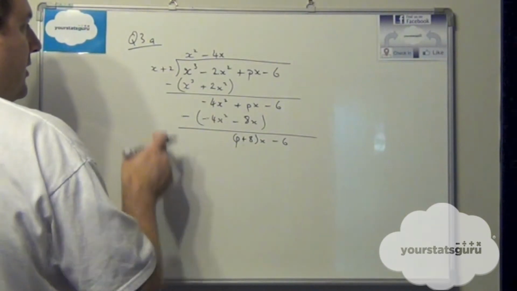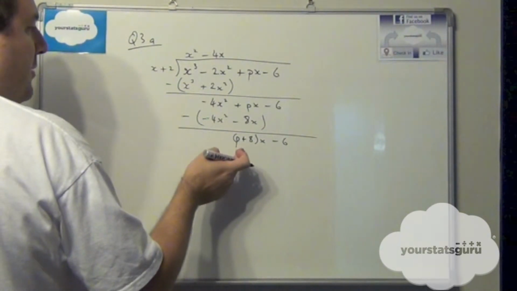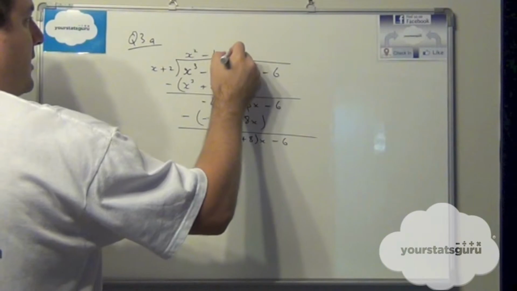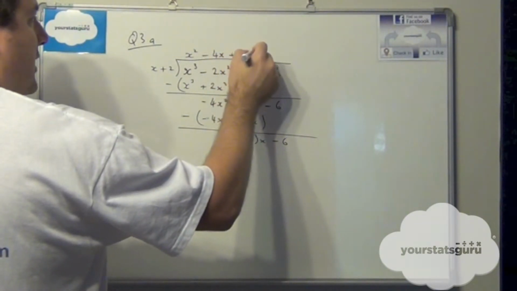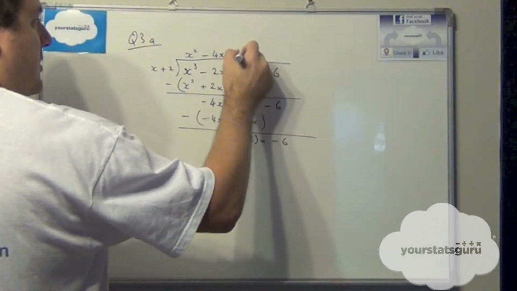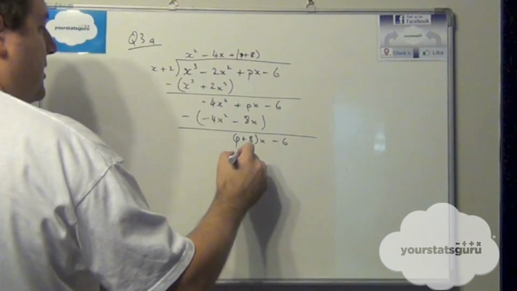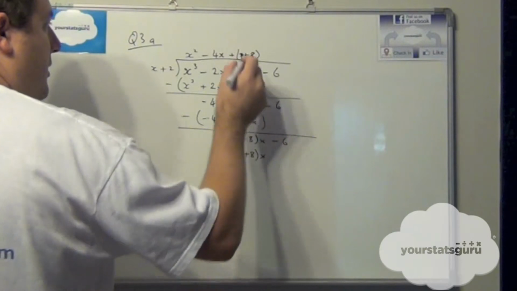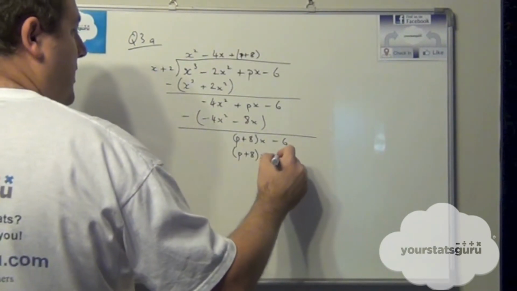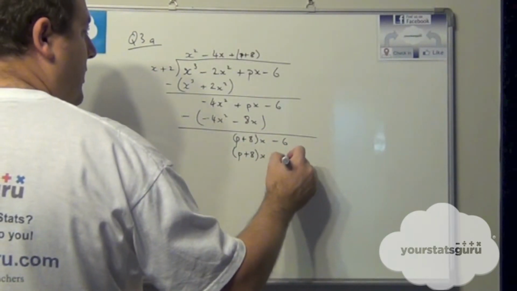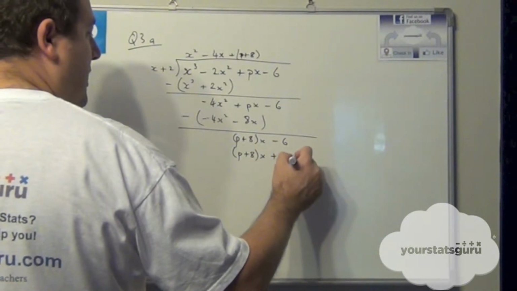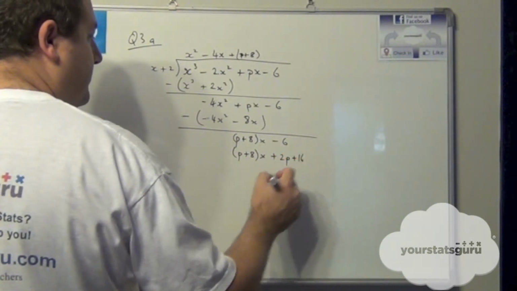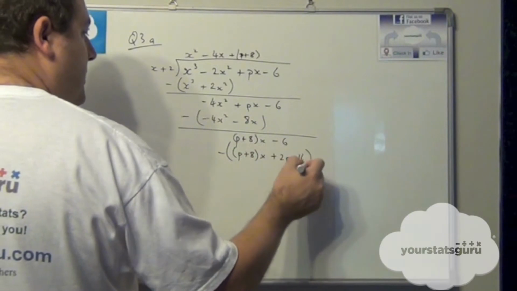And then we can carry on, so x goes into p plus 8x, p plus 8 times. p plus 8 times x is p plus 8x. p plus 8 times 2 is 2 outside of p plus 8, or 2p plus 16, which we then subtract.